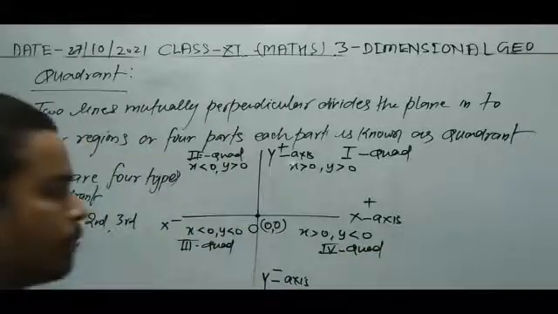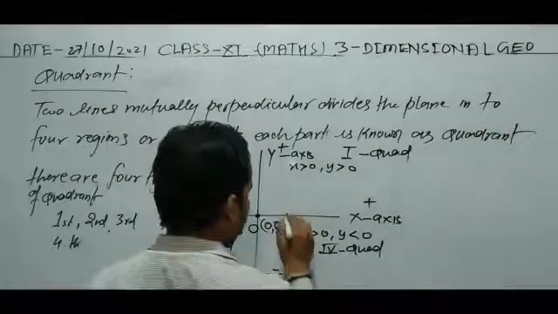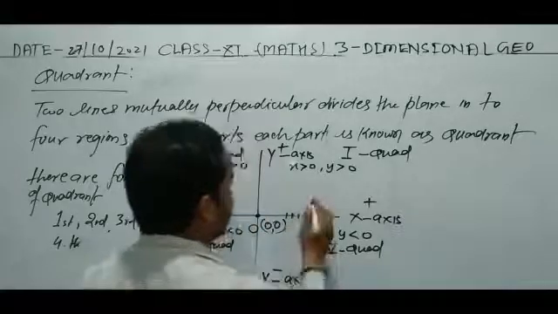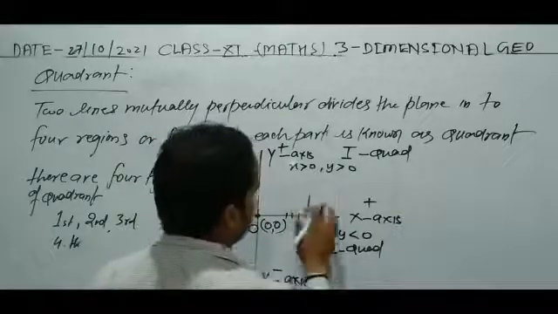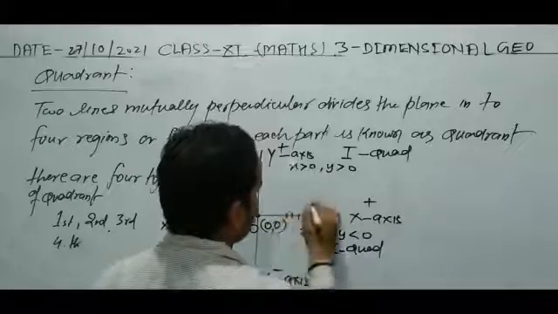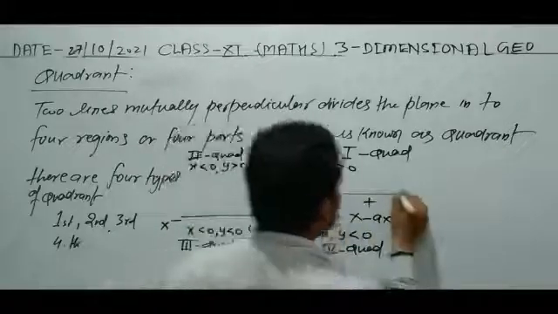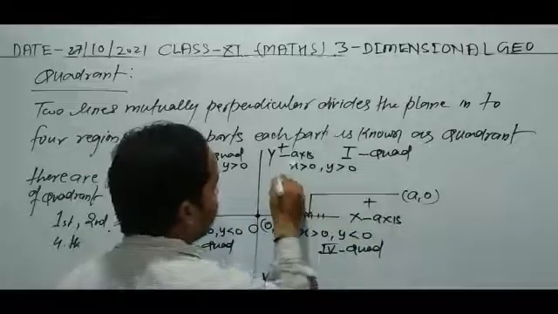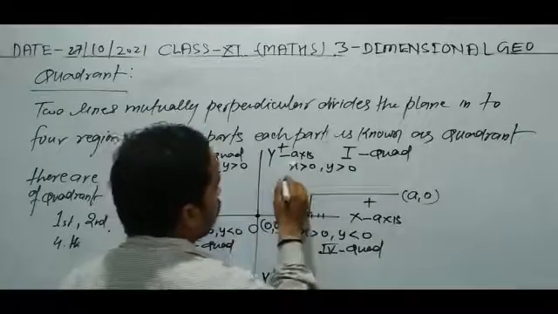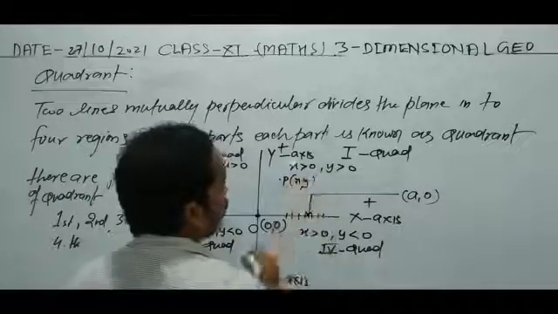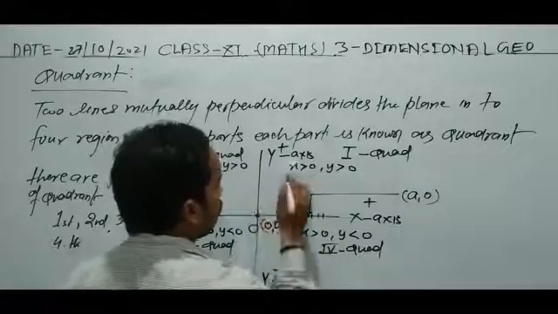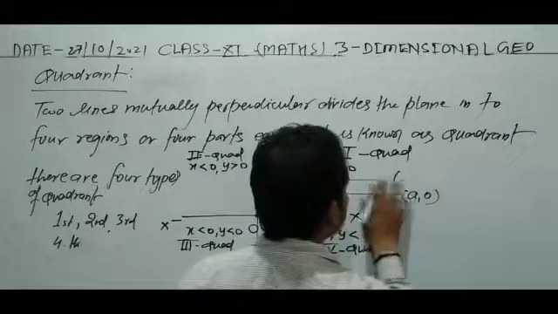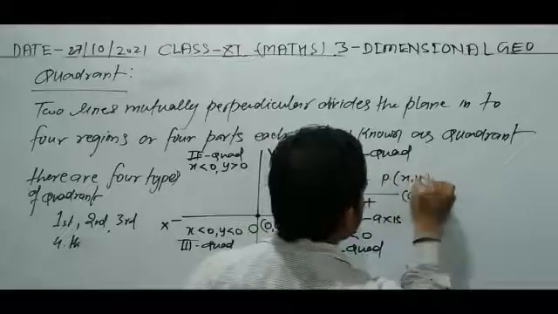And the coordinates of every point lying on the x-axis are always of the form a comma 0. Suppose this is a point in the first quadrant having coordinates x comma y; you can consider it as P(x, y).